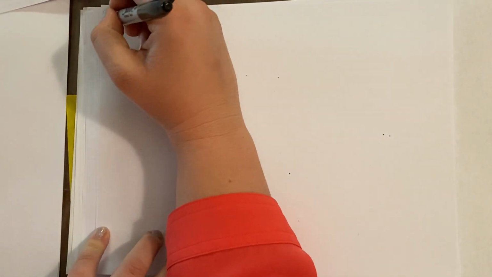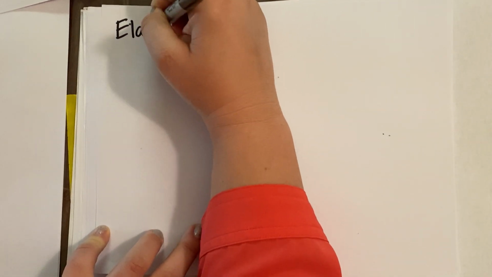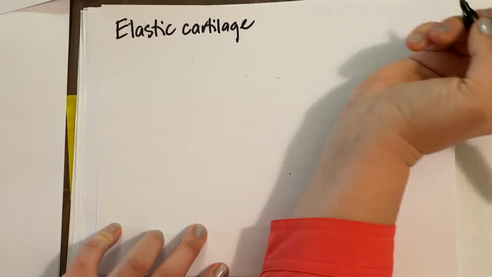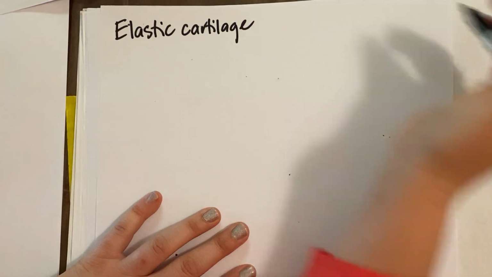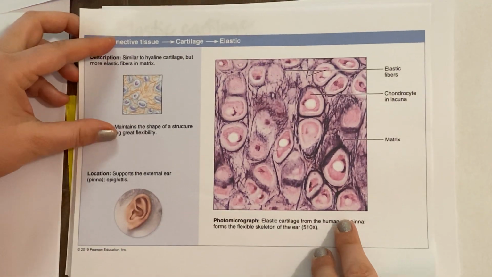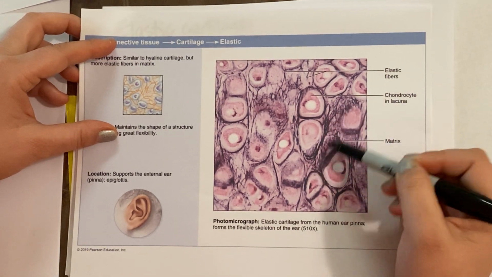All right, the next type of cartilage is going to be called elastic cartilage. Elastic cartilage is going to appear similar to hyaline cartilage, but the big difference is you're going to start seeing a bunch of fibers.